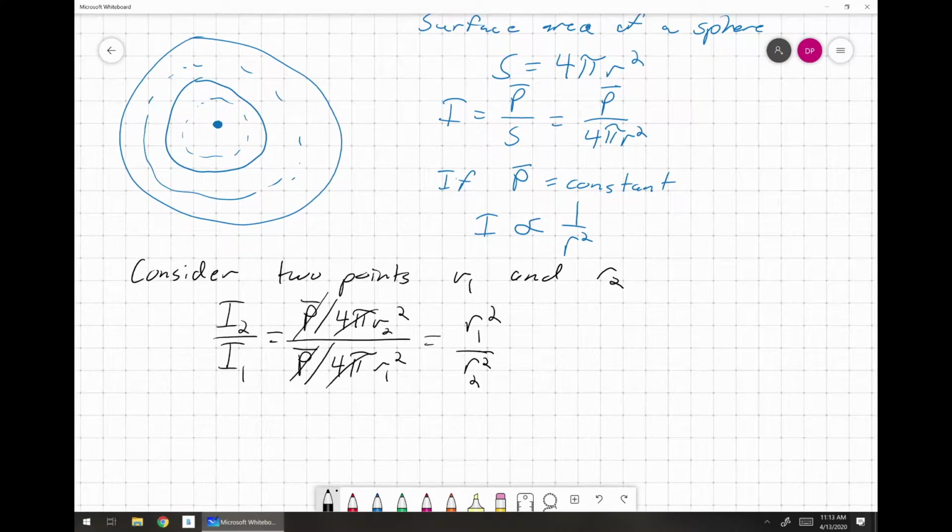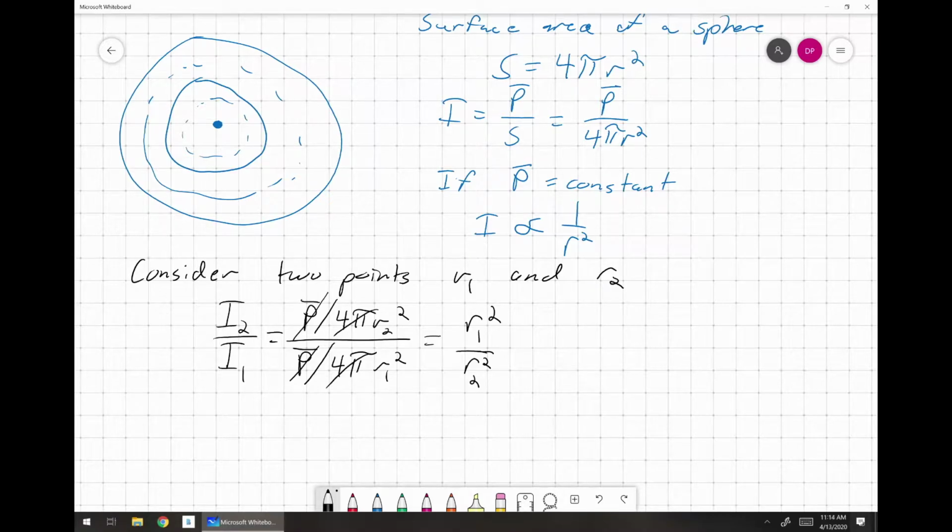So one way that you can think of what's going on here and why the intensity has to drop off this way is if you are putting out a certain amount of energy per time, then that energy is propagating outward and you still have that same total amount of energy, right? You can't create or destroy the energy. Energy is conserved. So you have that same amount of energy, but it's being spread out over a larger and larger surface area.